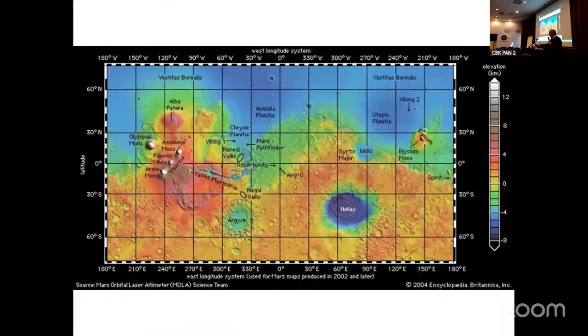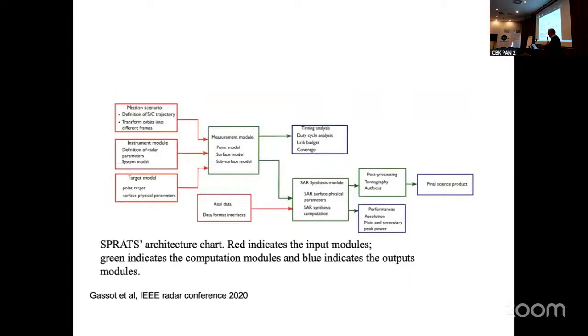This is, for instance, the topography obtained by MOLA. We use this kind of models, in fact, to describe our measurements for each orbit. And this is how the whole system of the signal processing works. It's a schematic.